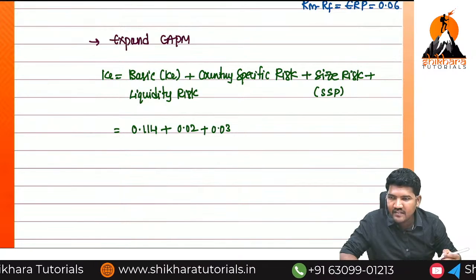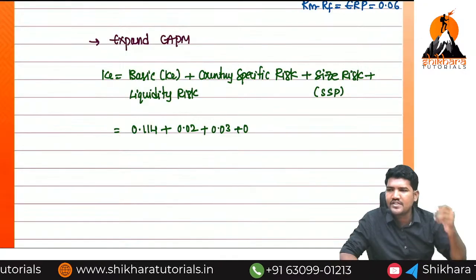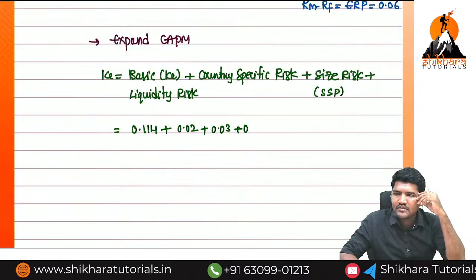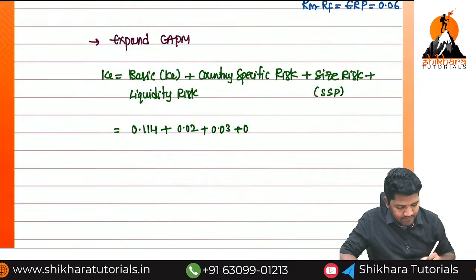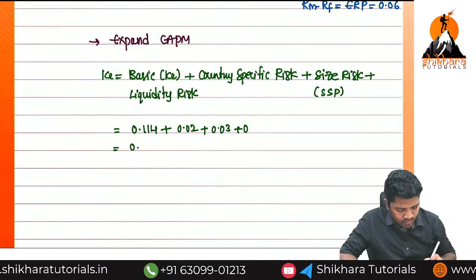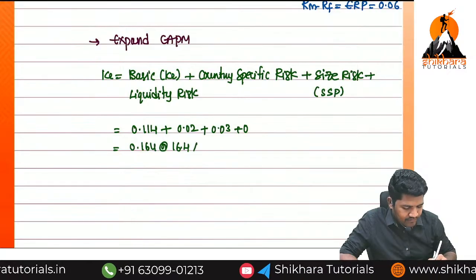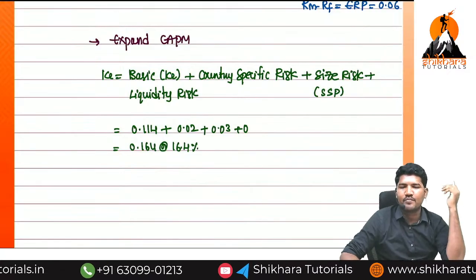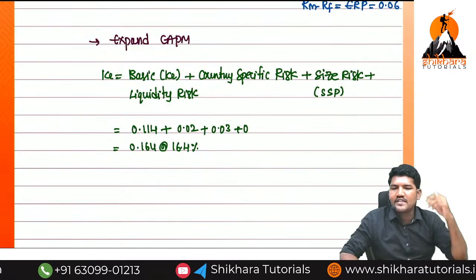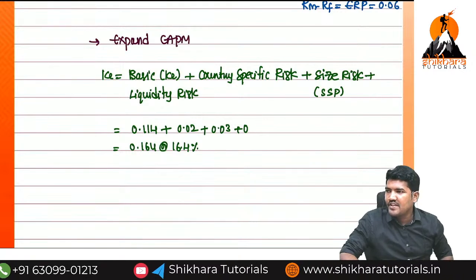Next, is liquidity risk there? No. So if there is no liquidity risk, go with 0. If they specify only, we can consider. Now what is the answer? 0.164. Can I take it as 16.4%? As per expand CAPM, KE is 16.4%.